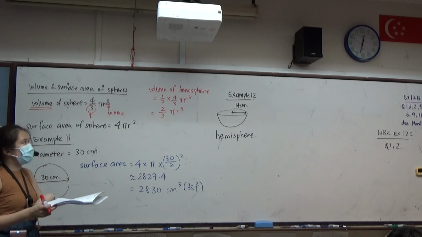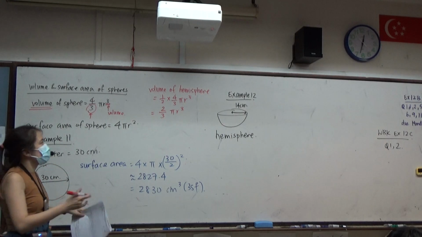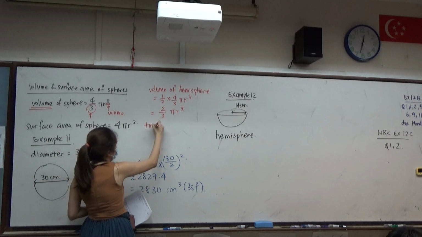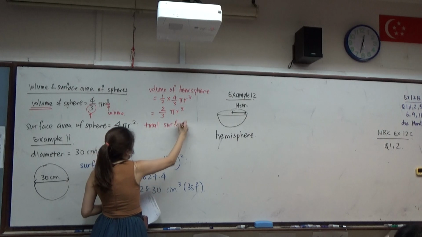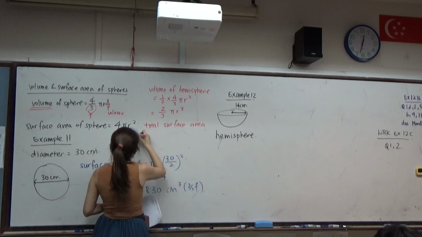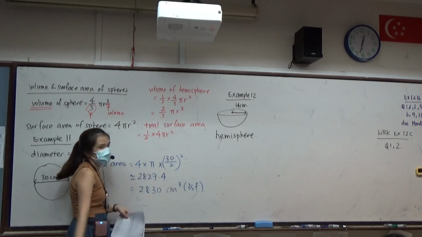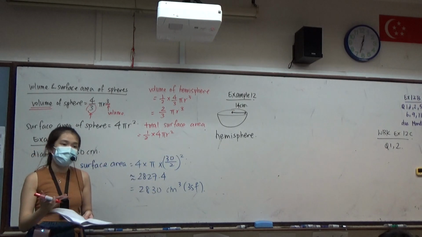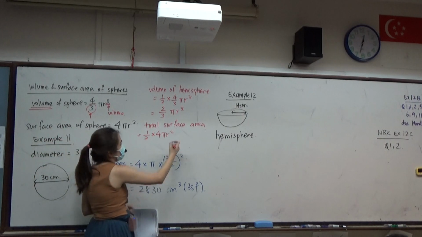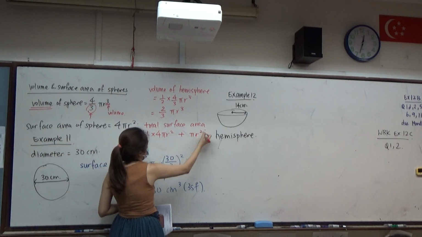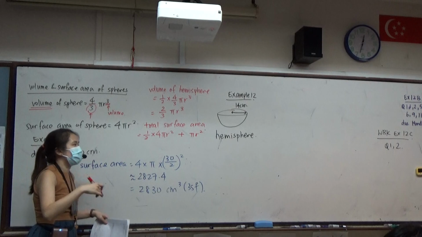Then the total surface area will be half times 4 pi r squared to find the curved part at the bottom. Then we need to add another pi r squared for the circle on top.